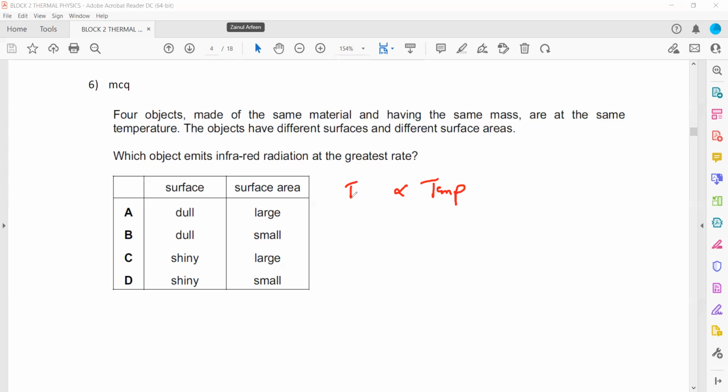Infrared radiation increases if the temperature increases. Infrared radiation increases if the object has a large surface area. And the amount of infrared radiation will increase if the object is dull or dark, because dull and dark surfaces are good absorbers and good emitters. So the surface should be dull and the surface area should be large so that it will emit the maximum amount of heat radiation.